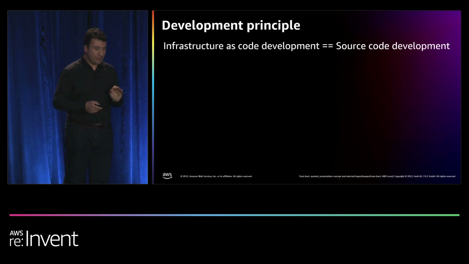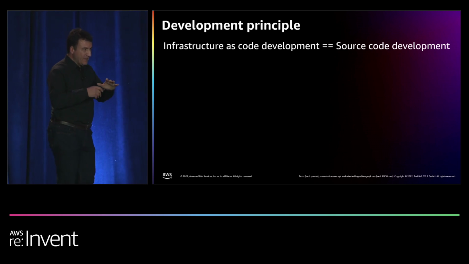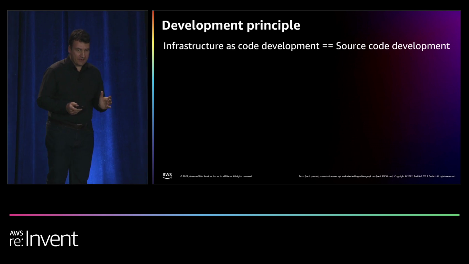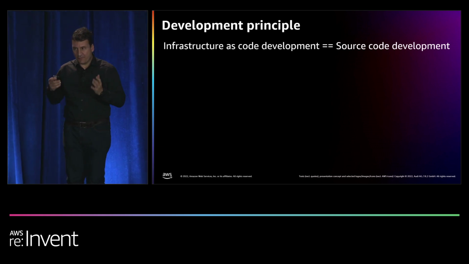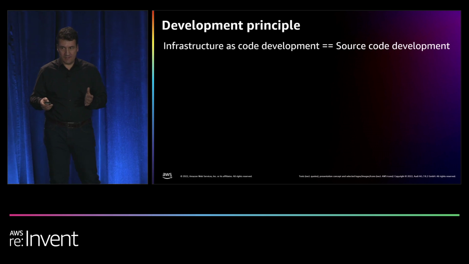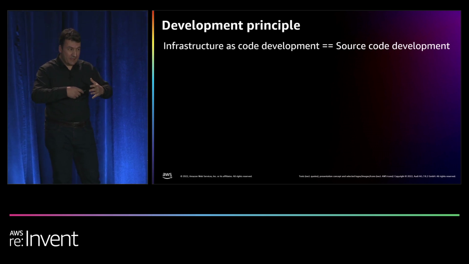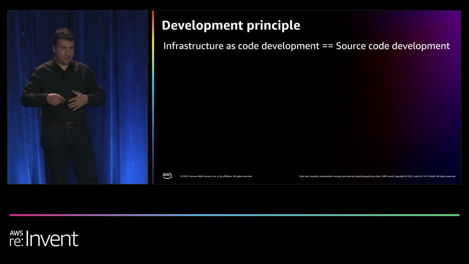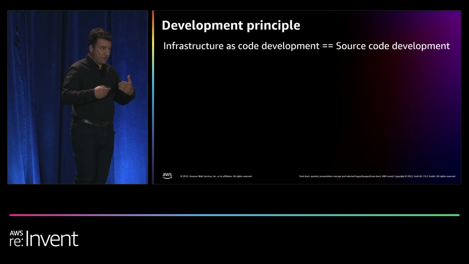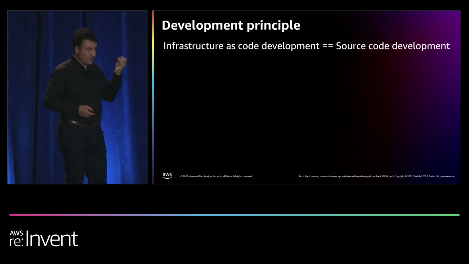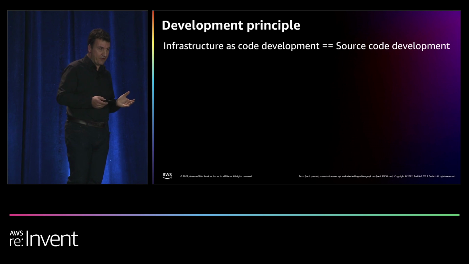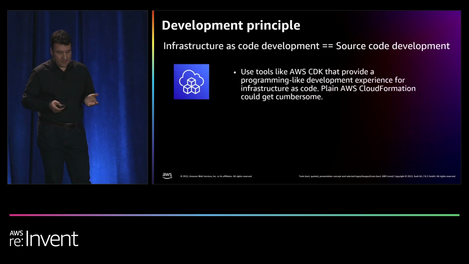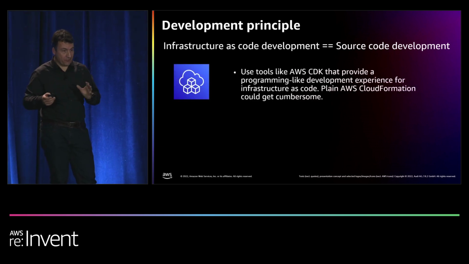And the second development principle: infrastructure as code development should be the same as your source code development. It means you should apply the same process, the same tools, if possible the same development lifecycle with reviews and testing, and also the same quality assurance and principles with modularization that you do for your normal source code that you have developed maybe in the past.